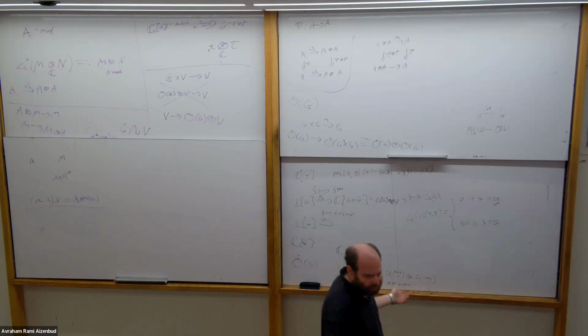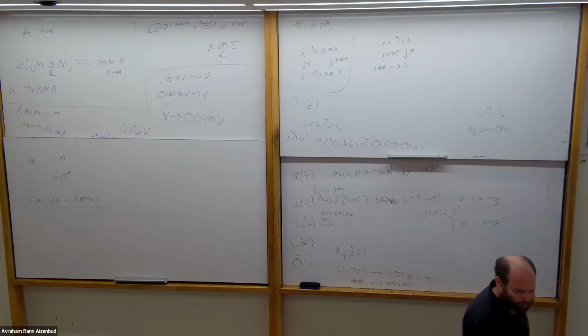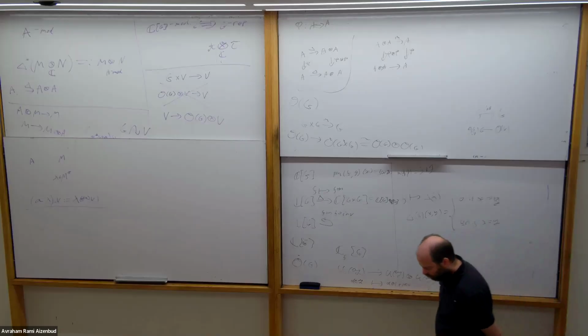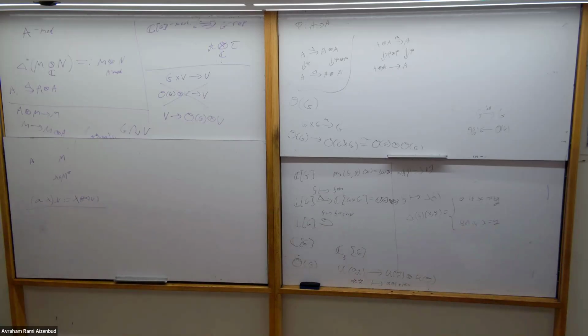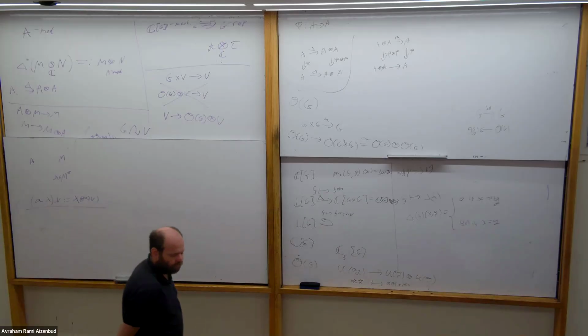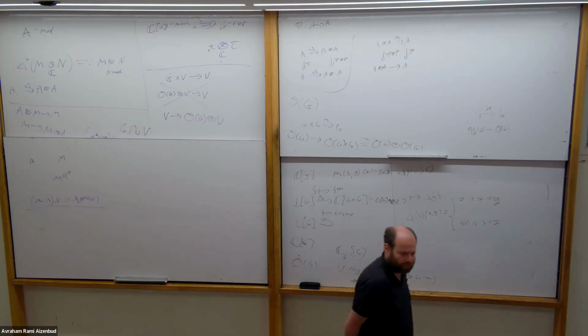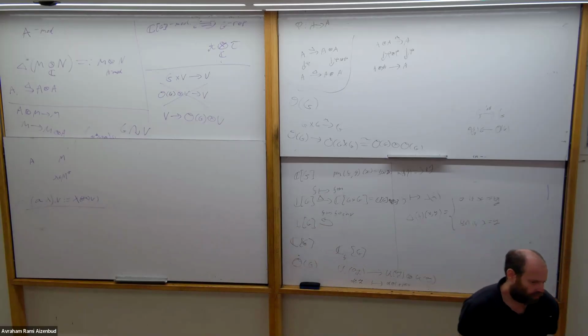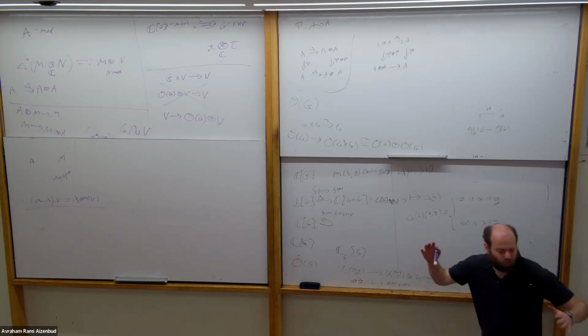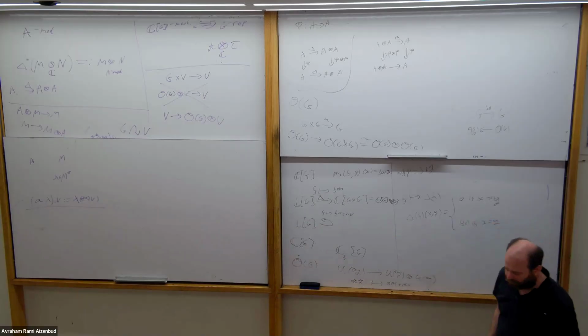Otherwise, B star star will not be isomorphic to B. I didn't think about it, but it seems that for any Hopf algebra you automatically have a pivotal structure, since B star star is isomorphic to B in finite dimensions.